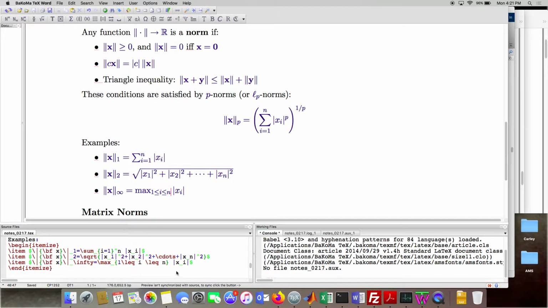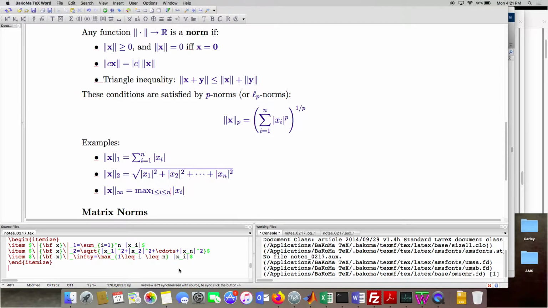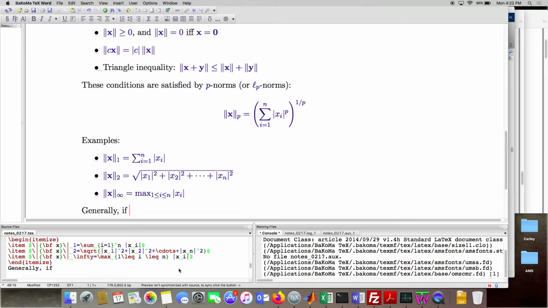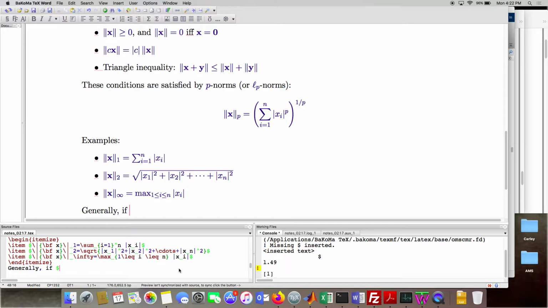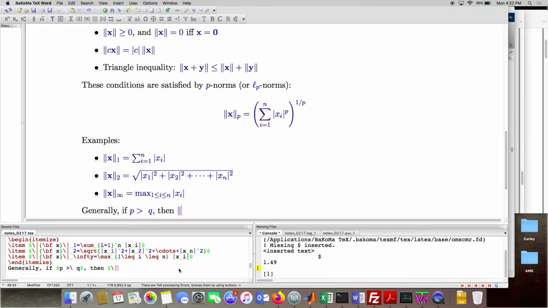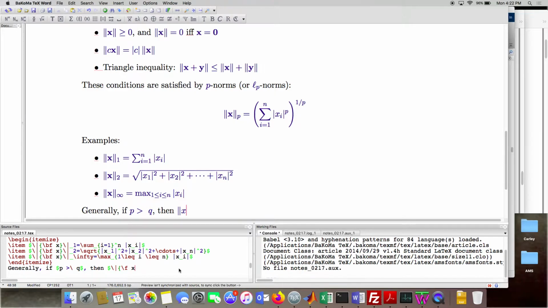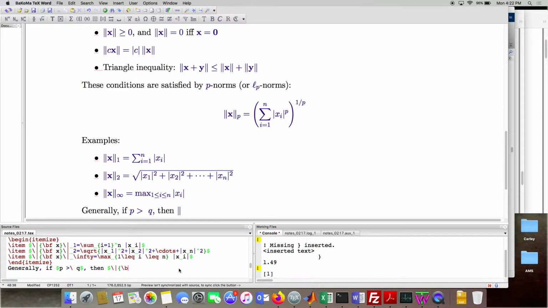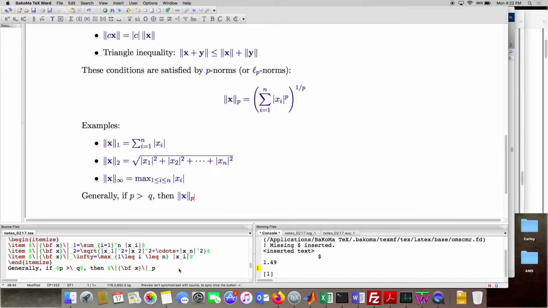Now, one consequence of this is that if p is greater than q, then the p norm is less than or equal to the q norm.